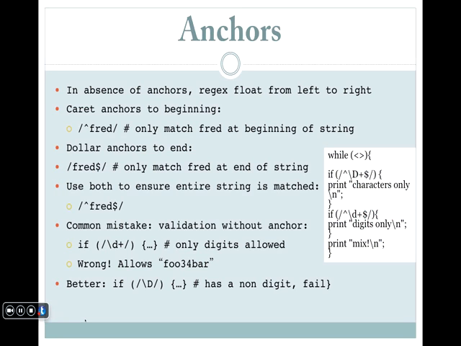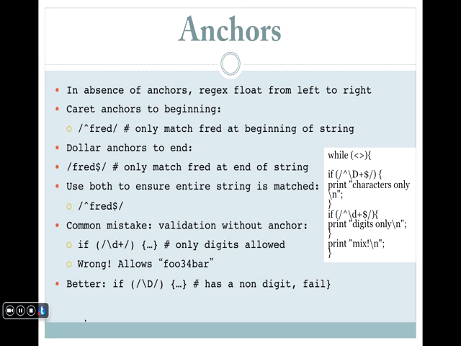In the absence of anchors, regular expressions flow from left to right. If I have the word, for example, love, and I want to search for the word love in a string, Perl will go from the beginning of the string, keep looking for the word love all the way to the end of the string. If it doesn't find it, you're looking in the wrong place for love.